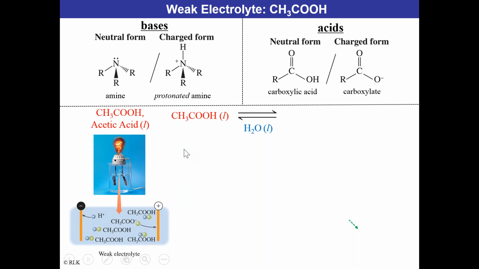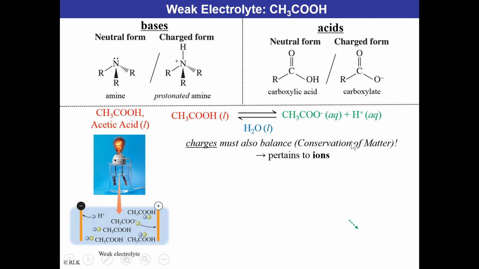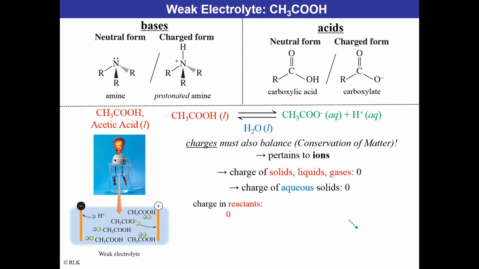If we were to put acetic acid into water, it would dissociate into the acetate, the carboxylate form, which is the negatively charged species, as well as that proton that had to get separated. Charges, again, must always balance. The charge of acetic acid is 0. On the right-hand side, you have the acetate and you have the proton, negative and positive, and they are also going to balance. So that's clear. They do dissociate, acids and bases do.